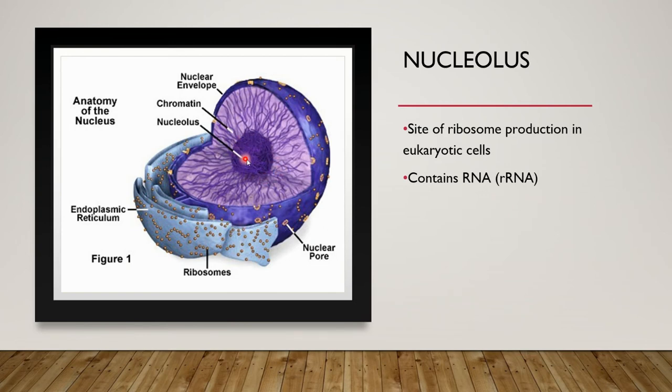Once the ribosomes are produced in the nucleolus, they migrate out of the nucleus and then bind to something called the endoplasmic reticulum. If you look at this, inside the nucleus you have the nucleolus. This creates ribosomes. Ribosomes are these little yellow dots that you see here, and they come out of these nuclear pores and stick to this organelle called the endoplasmic reticulum.